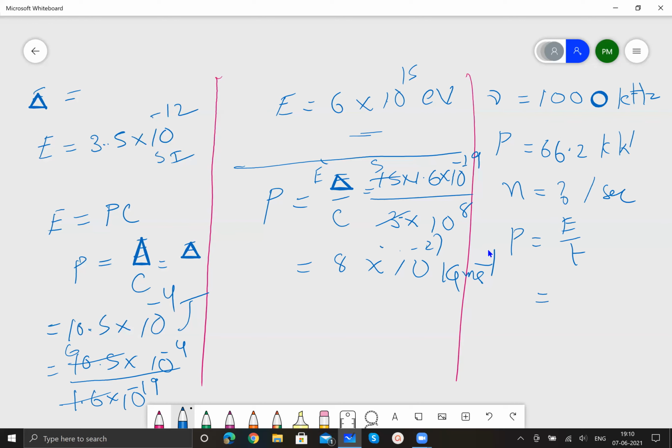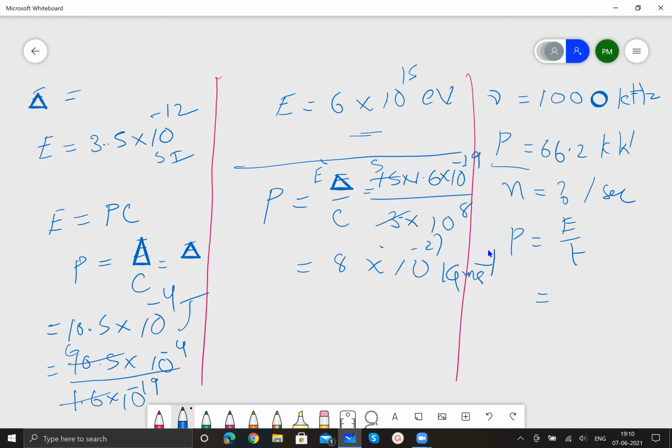Energy is equal to P by C, E is equal to PC. P is power here, not momentum. Energy is equal to momentum into speed of light, but where is the momentum? It's not given. Another formula in NCERT is given, N is equal to P by E or something.